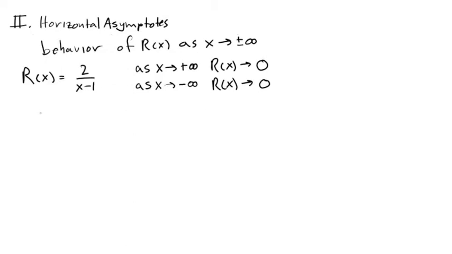So we have kind of a general case, and our condition for a horizontal asymptote is that the degree of p of x, the numerator, is going to be less than or equal to the degree of q of x, our denominator. This implies a horizontal asymptote.